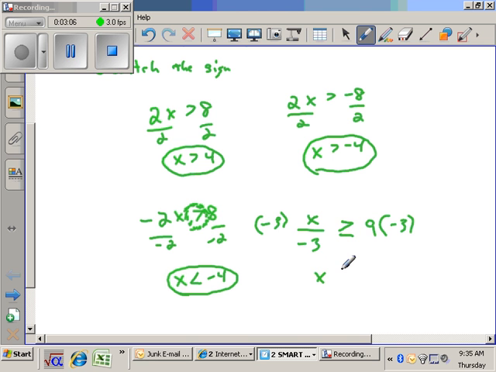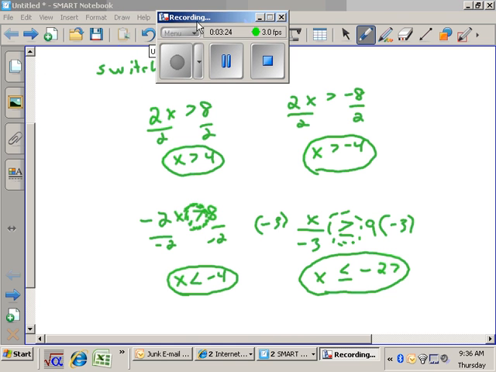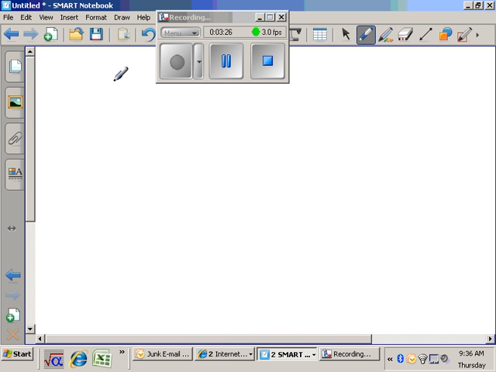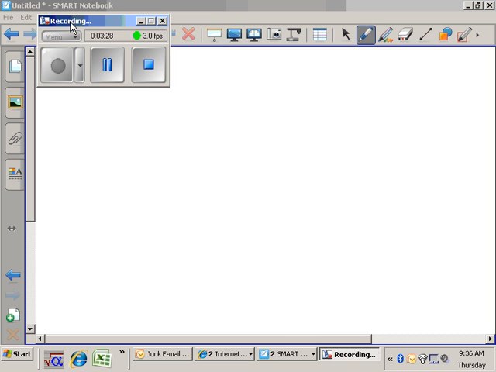So x, flip the sign, less than or equal to, answer, negative 27. Does this make sense? So this is a couple simple problems on how and when I flip the sign. Next page, we're going to do a couple harder problems.